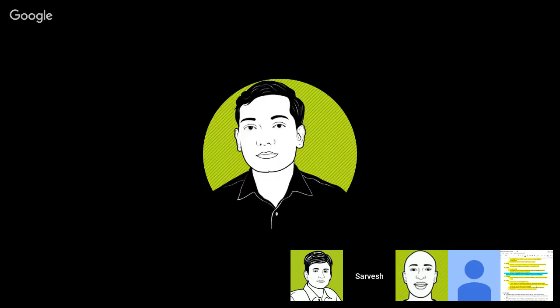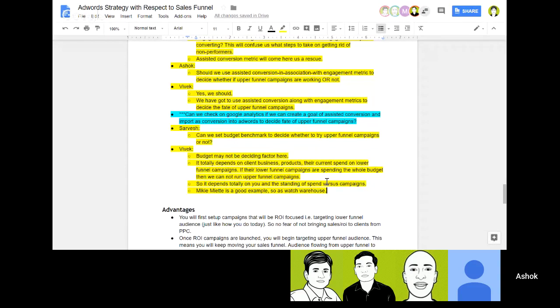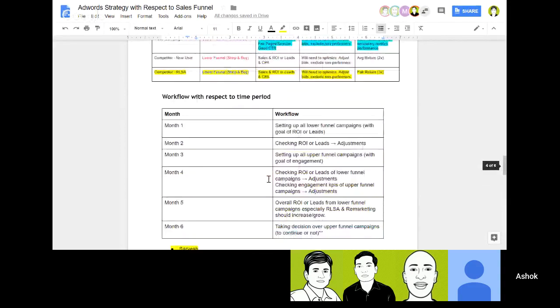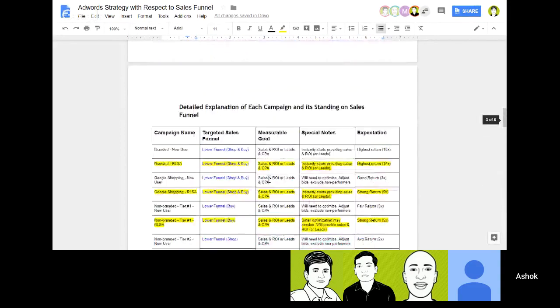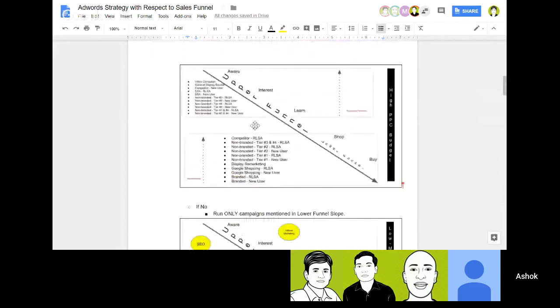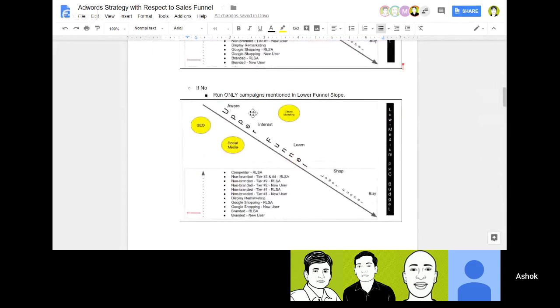Budget will be important, but it should not be a deciding factor. Remember, even if you are not running upper funnel campaigns, your upper funnel will still run because there are additional things happening outside of PPC.